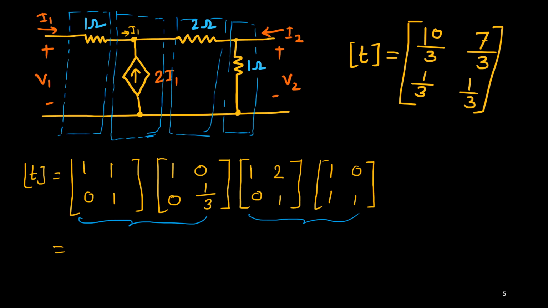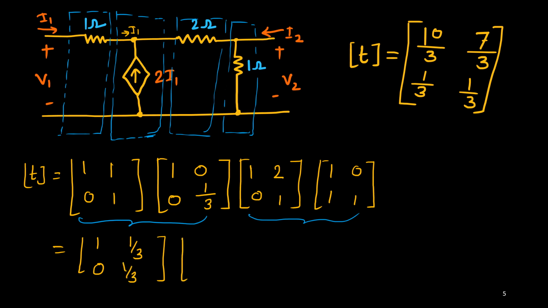Okay. So what I can do? So these two product, what you'll get? This will be 1 into 1 and 1 into 0, so it is 1. Then this one is 1 into 1 third, it's 1 third. Then 0 into 1, 1 into 0 again 0, so it is 0. And this one is 0 and 1 third, it's 1 third.